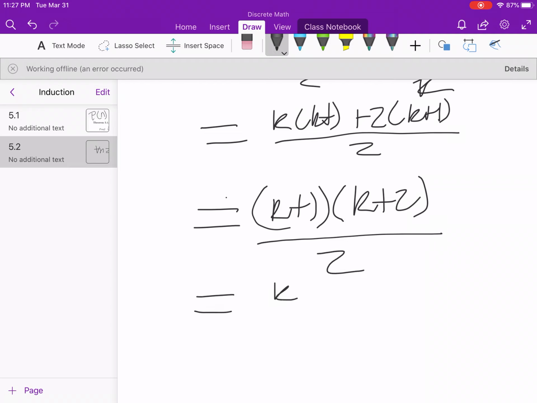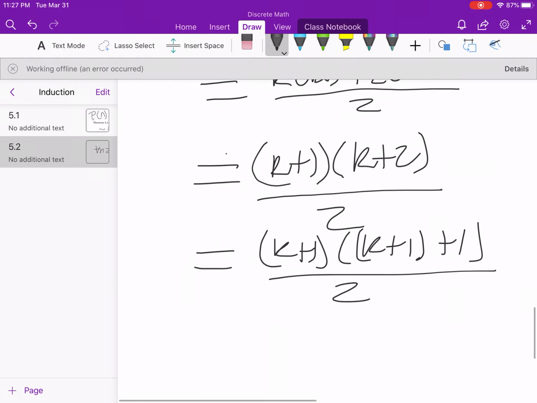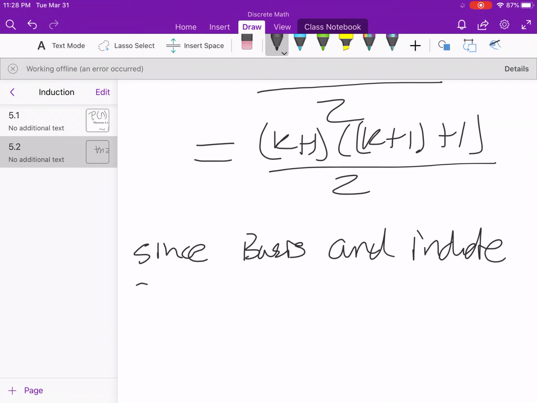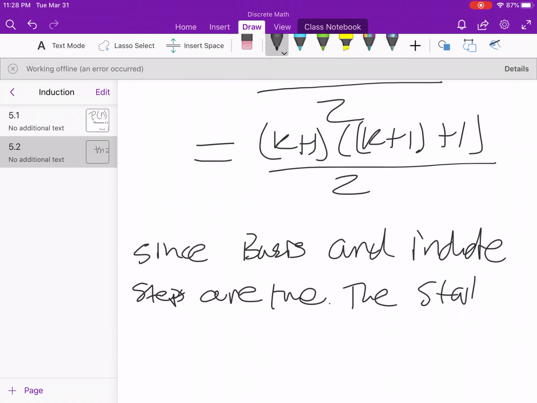And if you still can't see it, since the basis and inductive steps are true, the statement is true. Okay. So there we go.